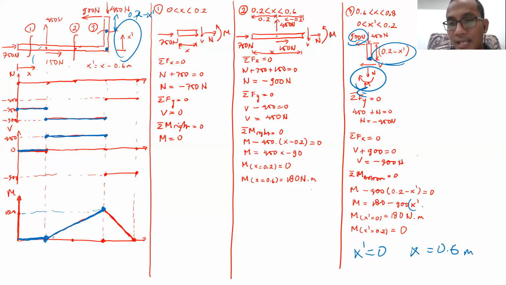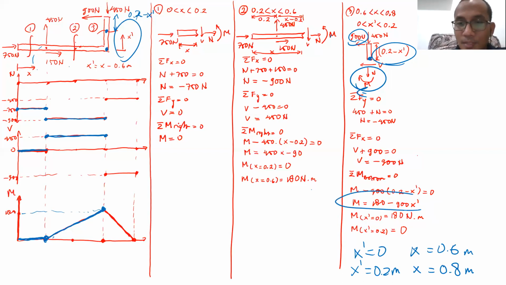By substituting x-axis equal to 0, what I will get is 180 Newton meter for the moment. Then xn equal to 0.2, or the same as x equal to 0.8 meter. By substituting xn equal to 0.2 here, I will get 180 minus 900 multiplied by 0.2. 900 multiplied by 0.2 is 180.